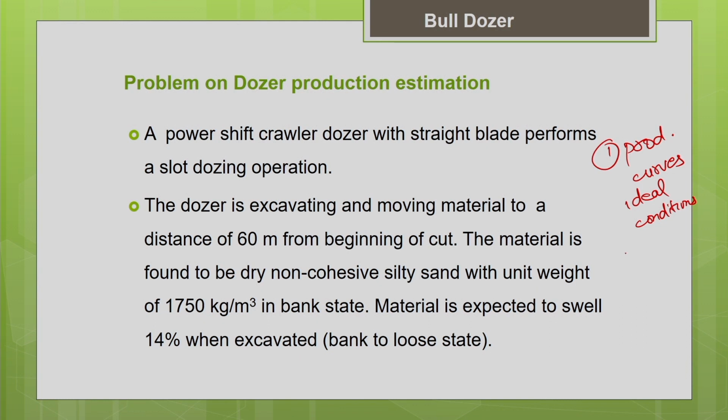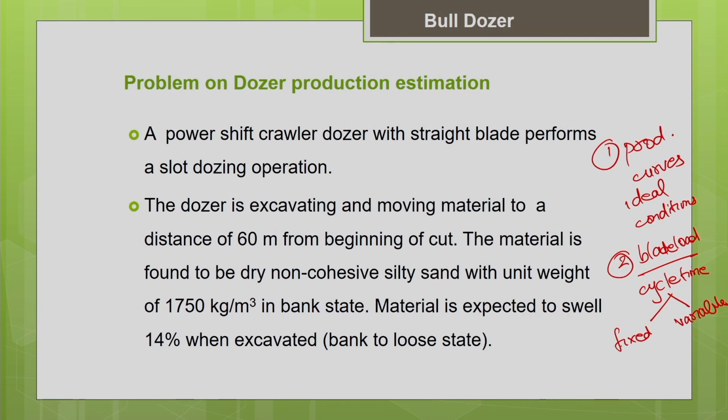That is one way. The other method we learnt is, we need to estimate the blade load. We need to know the blade capacity and then we need to determine the cycle time. How to determine the cycle time? You need to know the distance. So all the parts of the cycle time, say your fixed cycle time and the variable cycle time.